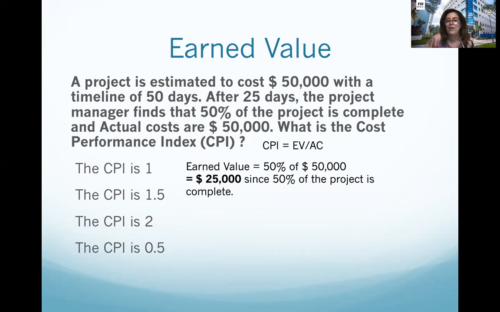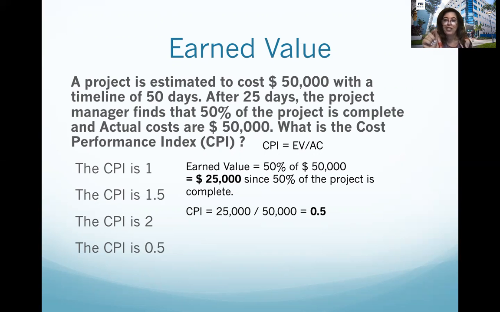This is the earned value, the percentage complete. So now that you have the earned value, which is 25,000, and you divide it by the actual cost, the result is 0.5.